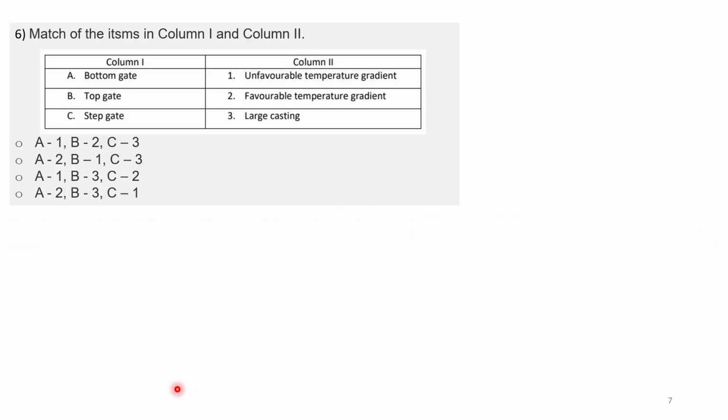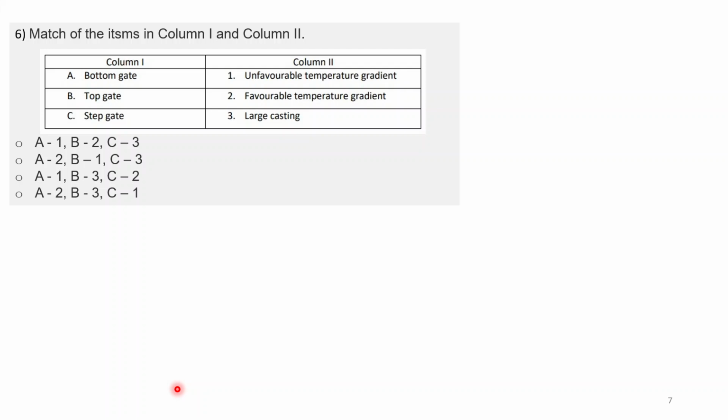Next, you have to match column 1 with column 2. In column 1 you have bottom gate, top gate and step gate. Column 2 has unfavorable temperature gradient, favorable temperature gradient and large casting.